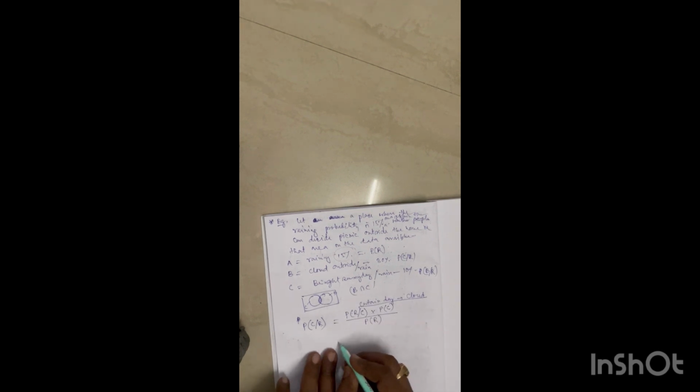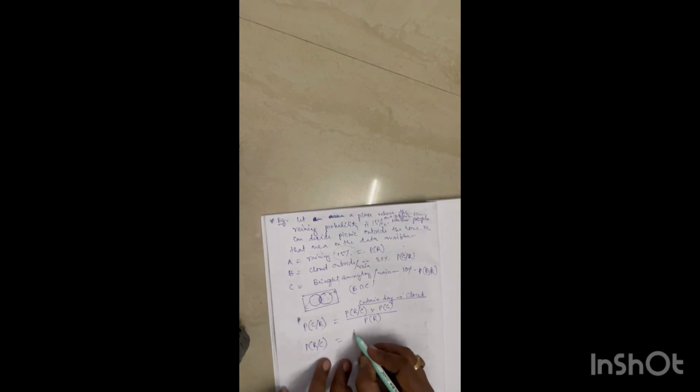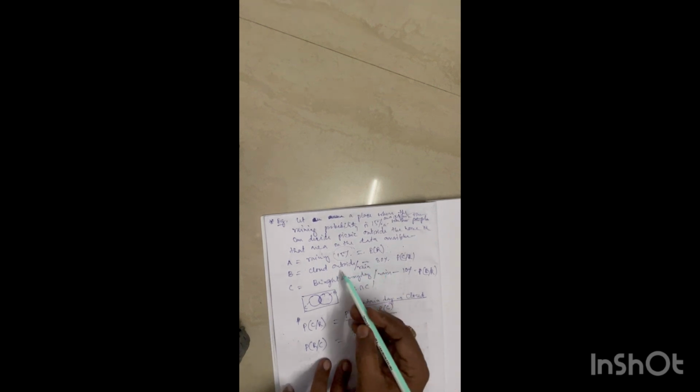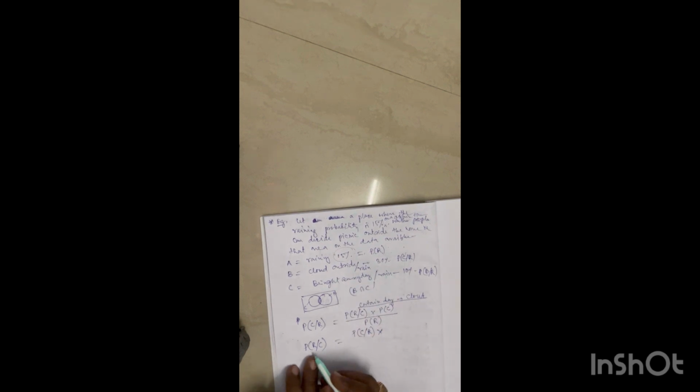Okay, so the probability of rain when there is a cloud means, I have to calculate the rain when there is a cloud. That probability will be P of cloud and rain, which is 30%, because this is the known factor. So I need to decide whether rain will be there if I see cloud.